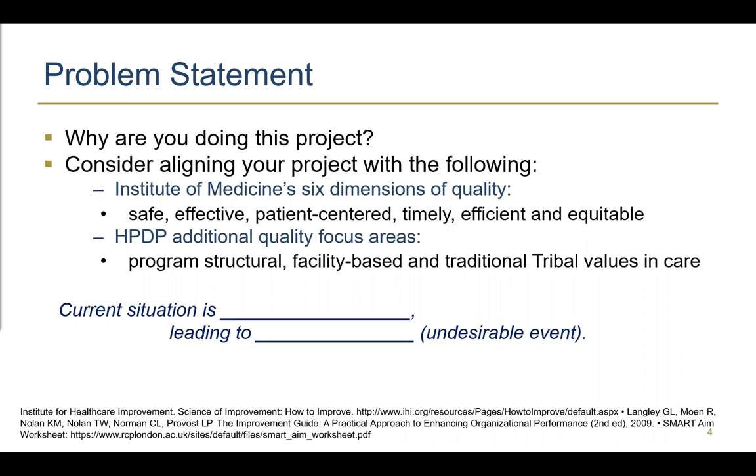Safe, effective, patient-centered, timely, efficient, equitable, program structural, facility-based, and traditional tribal values. These can act as a guide for understanding the relevance and addressing quality. So the problem statement is, the current situation is leading to some undesirable event.